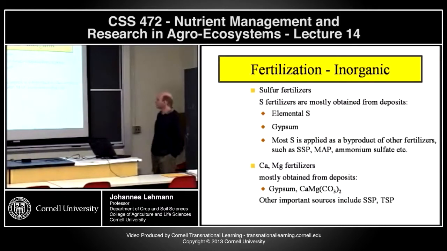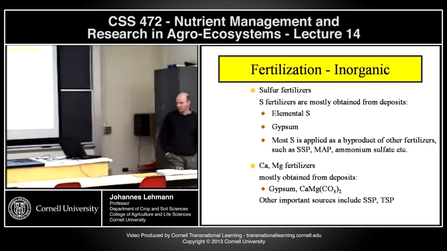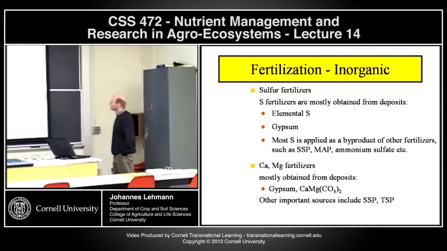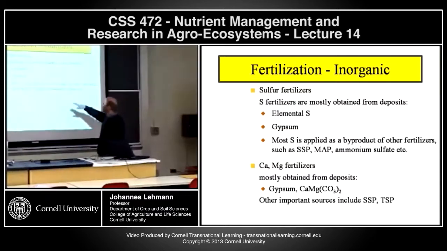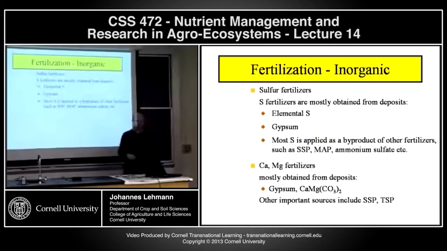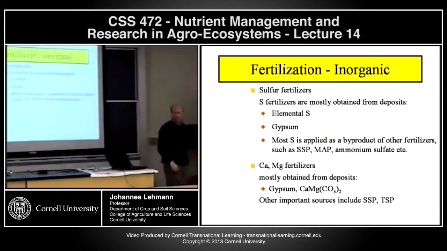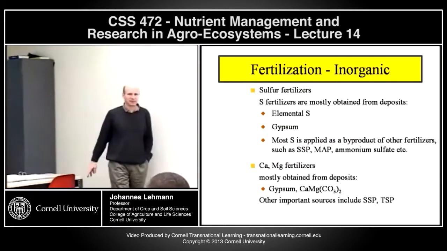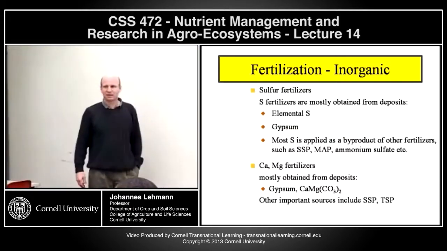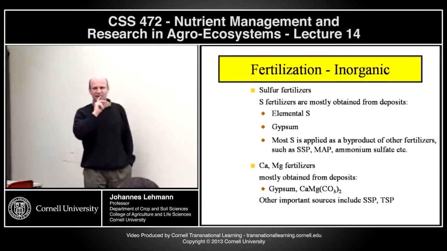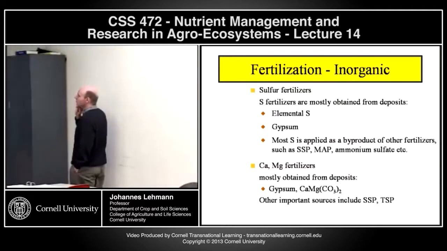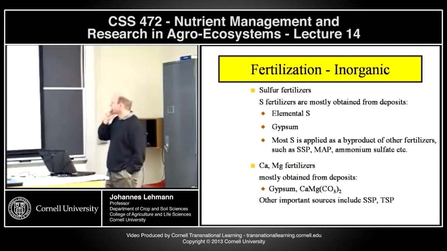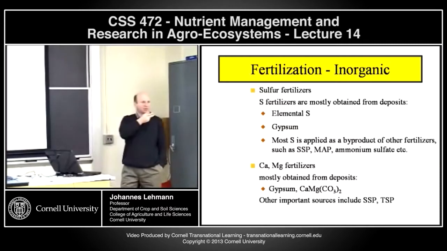Sulfur fertilizers are also obtained from deposits and come as elemental sulfur from deposits, mainly as gypsum, which is what chemical form is gypsum? Calcium sulfate. Calcium sulfate, yeah. So gypsum is calcium sulfate, and is actually also a good liming material.